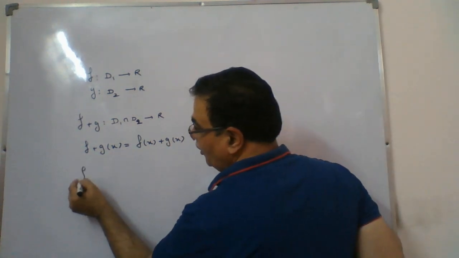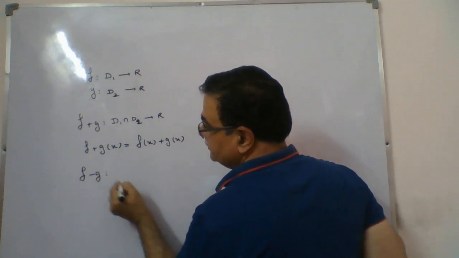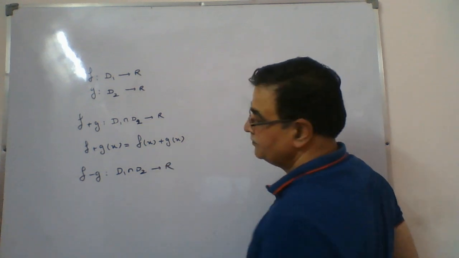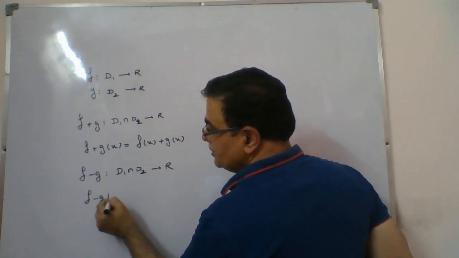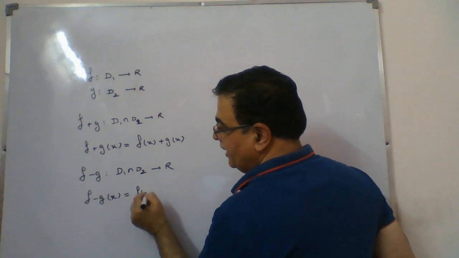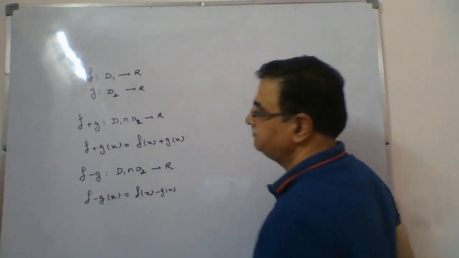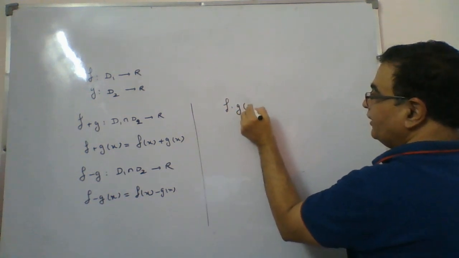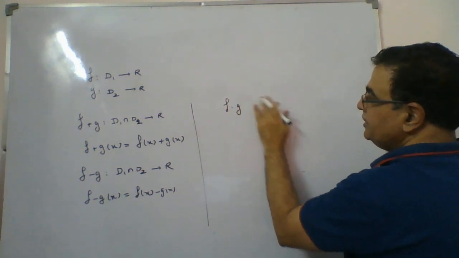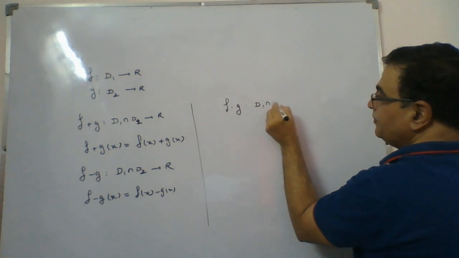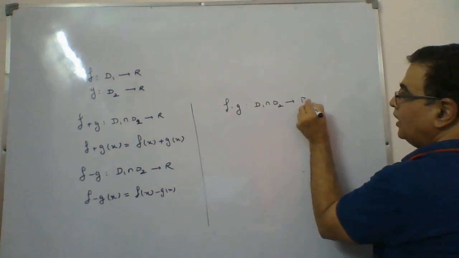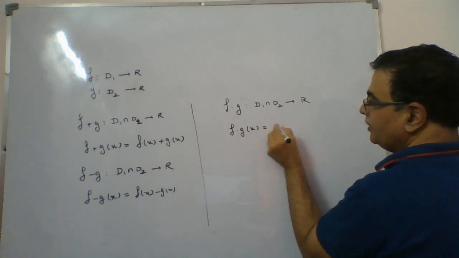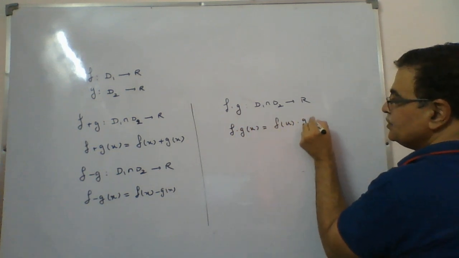Same way when you go for f minus g, again d1 intersection d2 will be the new domain, and (f minus g)(x) comes out to be f(x) minus g(x). Same way when you say f into g, again we say the domain will be d1 intersection d2 to r, and then (f into g)(x) will be f(x) into g(x).